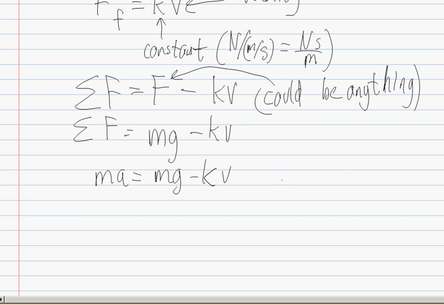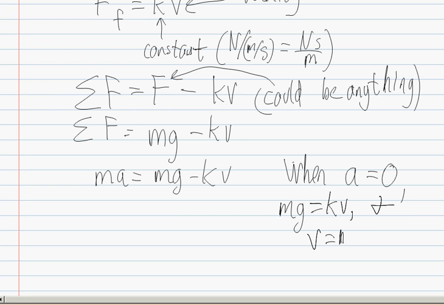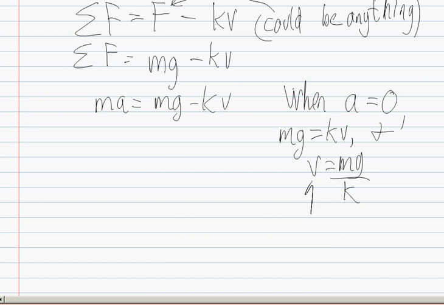I want to point out that when acceleration equals 0, mg equals kv, and v equals mg over k. This is an expression for the terminal velocity. We'll call it vt.